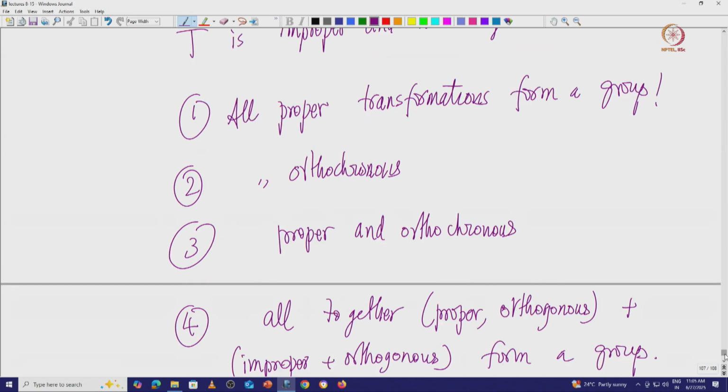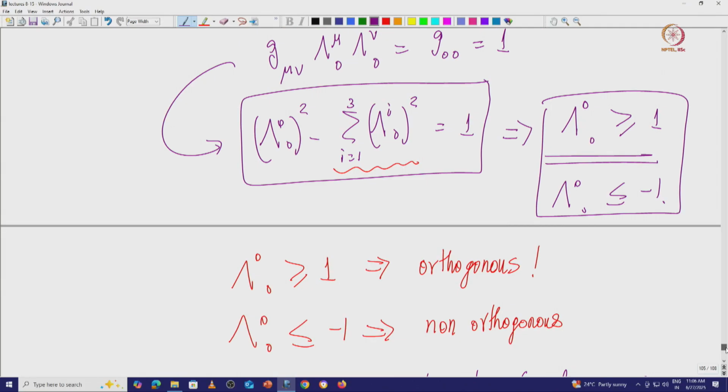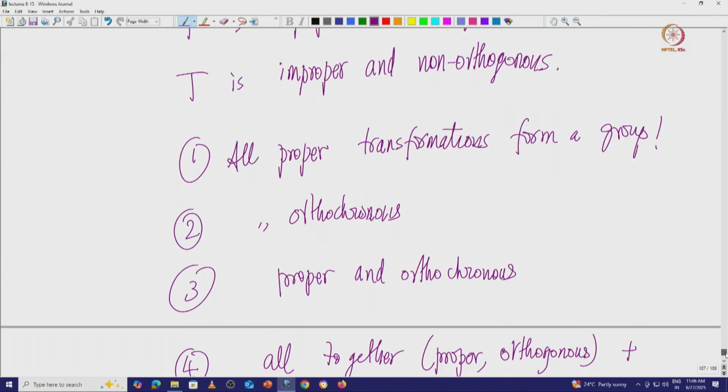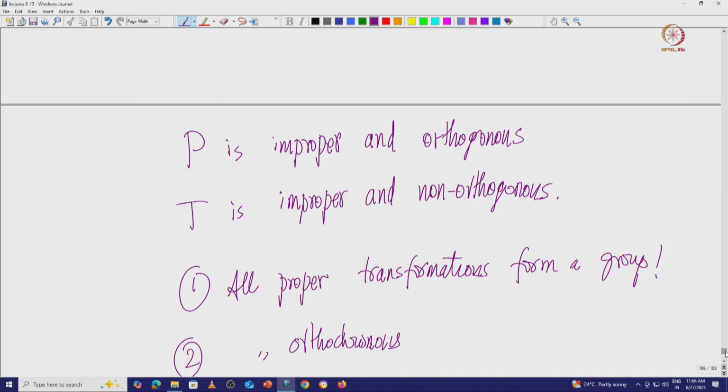We said Lorentz transformations contain rotations, boosts, parity, which means space inversion, and time inversion. There are three boosts, three rotations, parity and time inversion, so total eight transformations. Now, whether they form a group of their own or not, and what kind of group they form. First of all, discrete points we don't care. P is improper and orthochronous, no problem, and T is improper and non-orthochronous.